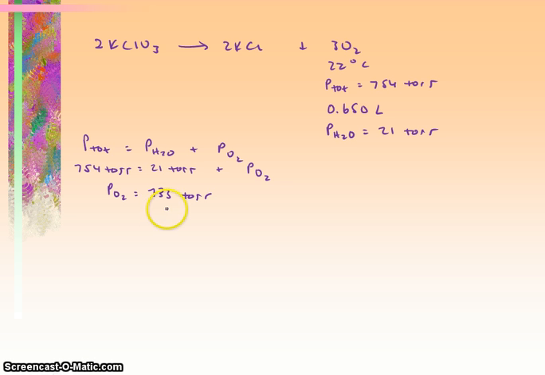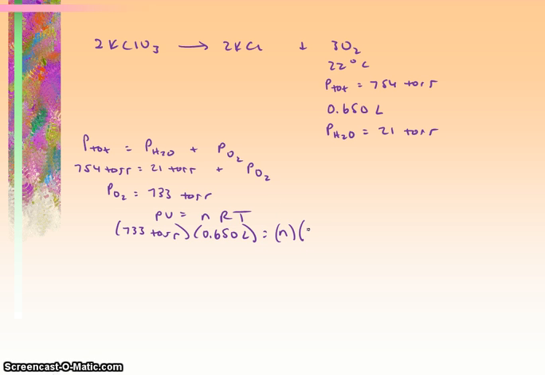Now for the oxygen gas, we have a pressure, a temperature, and a volume. We can calculate how much gas we have. So PV equals nRT. The pressure exerted just by the oxygen gas is 733 torr. The volume is 0.650 liters. We want to solve for how much gas.